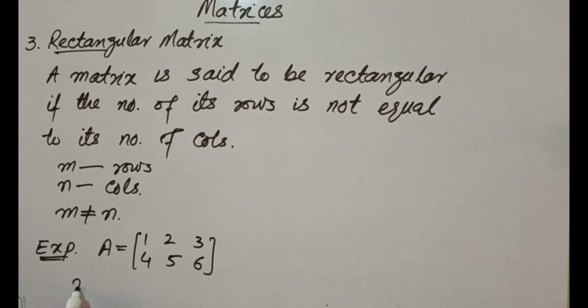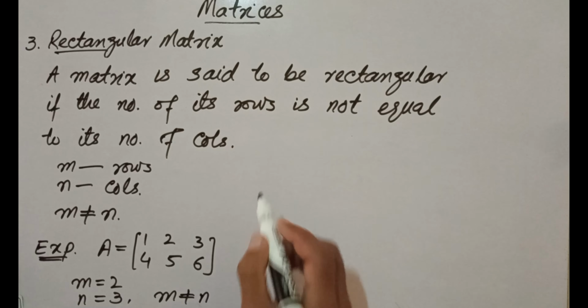Here we have 2 rows and 3 columns. In this case, m is not equal to n. The number of rows is not equal to the number of columns, so it is a rectangular matrix.